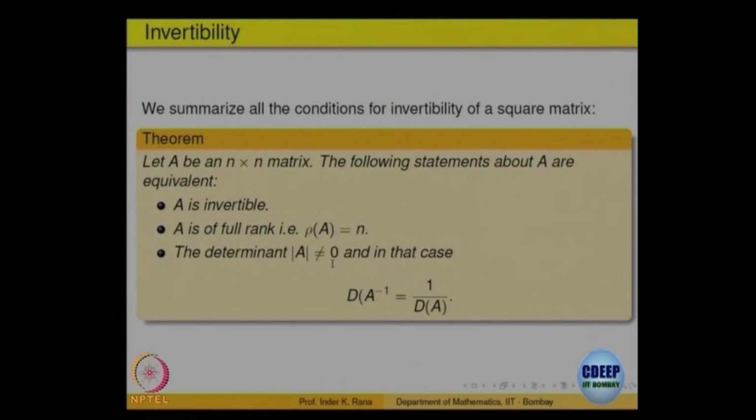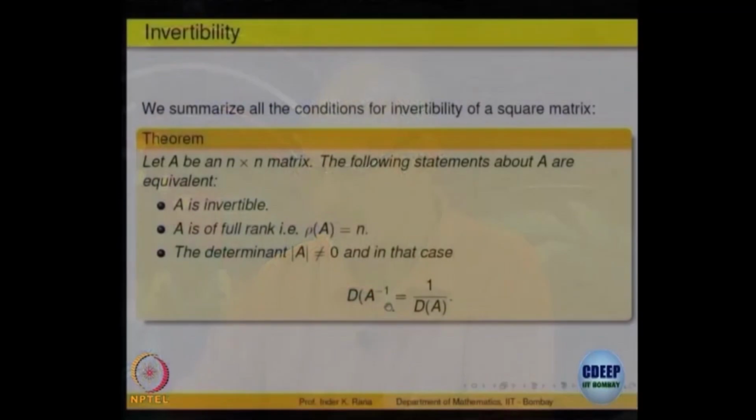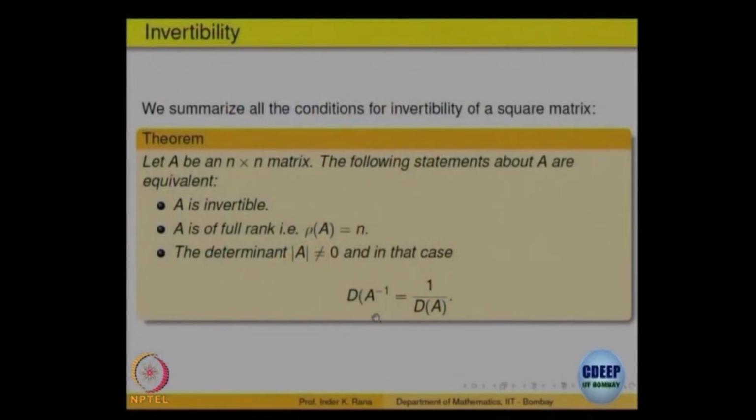We proved A is invertible if and only if it is a product of elementary matrices and its determinant is not equal to 0, and the determinant of A inverse, there is a bracket missing here, is 1 over determinant of A, because A into A inverse is identity. So, using the product property, determinant of A into determinant of A inverse is 1. So, determinant of A inverse is 1 over that thing, because I have already now proved the product property for determinants of products of arbitrary matrices. Okay. So, that is invertibility.